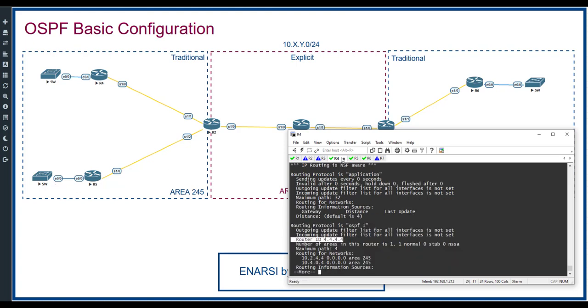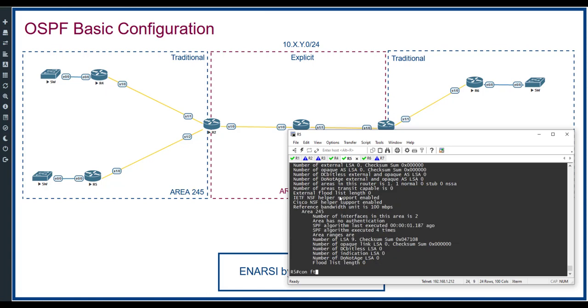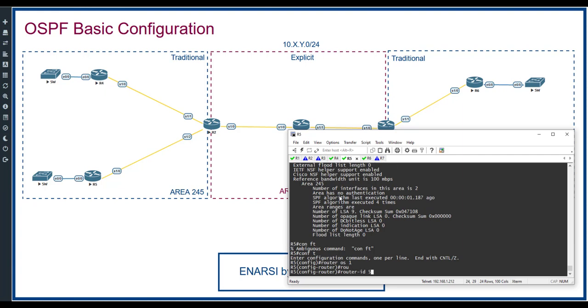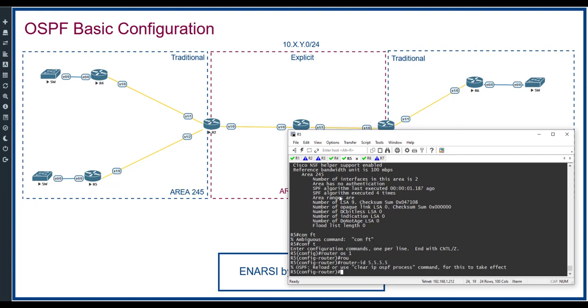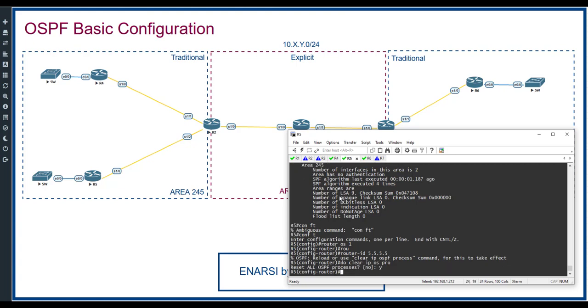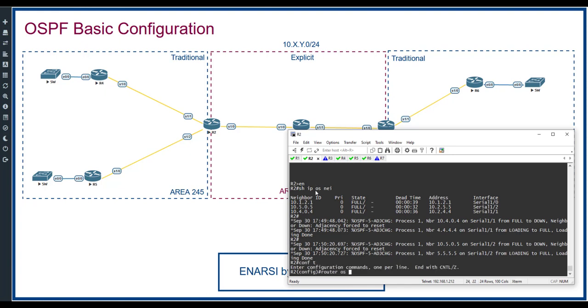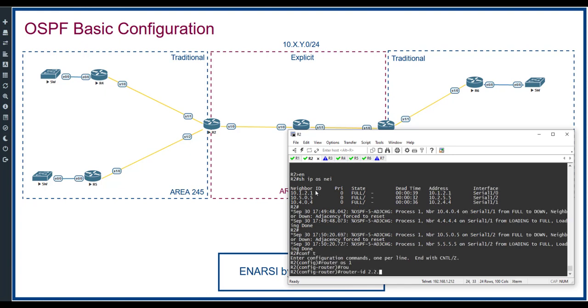Let me change the router ID of router 5 also. Conf t, router OSPF 1, router ID quad 5, and then do clear IP OSPF process. That's it. And then in router 2, let me change it. Conf t, router OSPF 1, router ID quad 2.